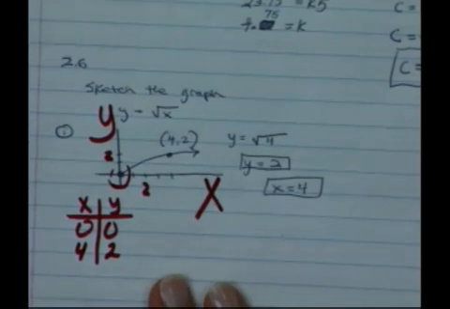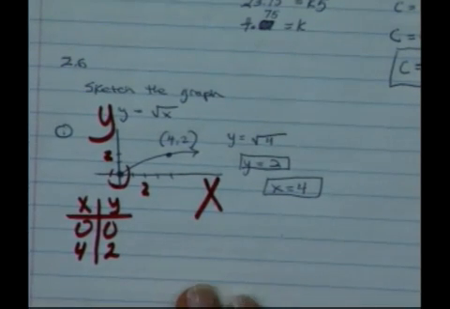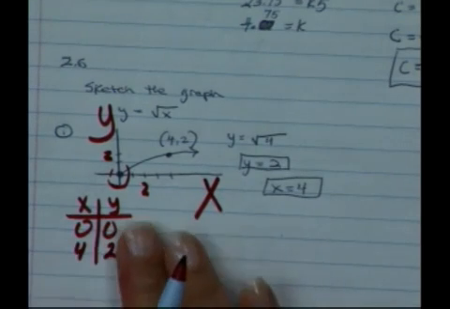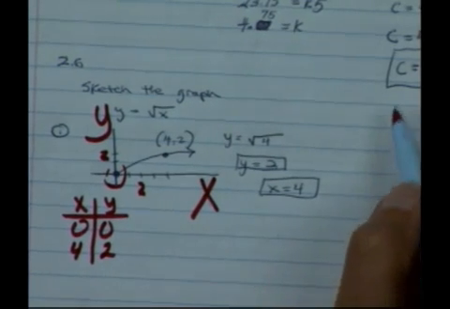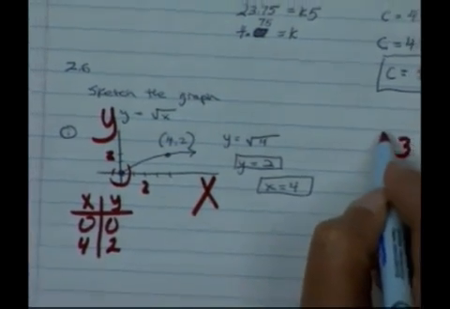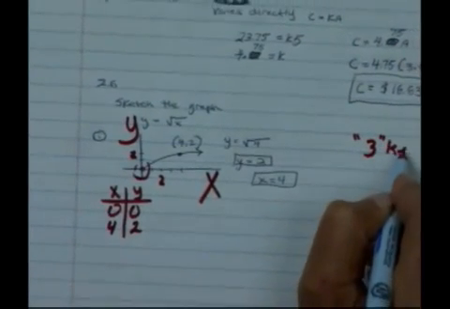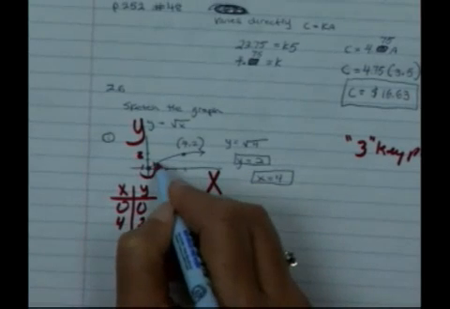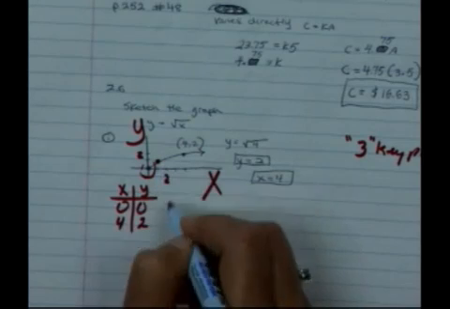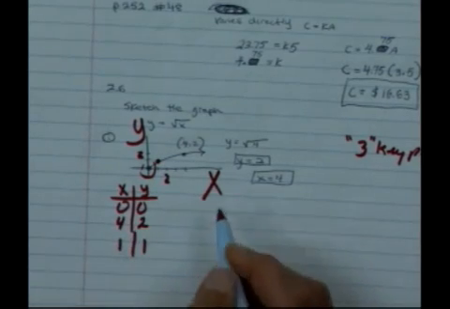And this is going to be part of our library of functions. And we're going to be using this to create other functions. So I'm going to write on here. We're usually going to have at least 3 key points when we graph. The other one that's real easy is the point 1, 1: when x is 1, y is 1.